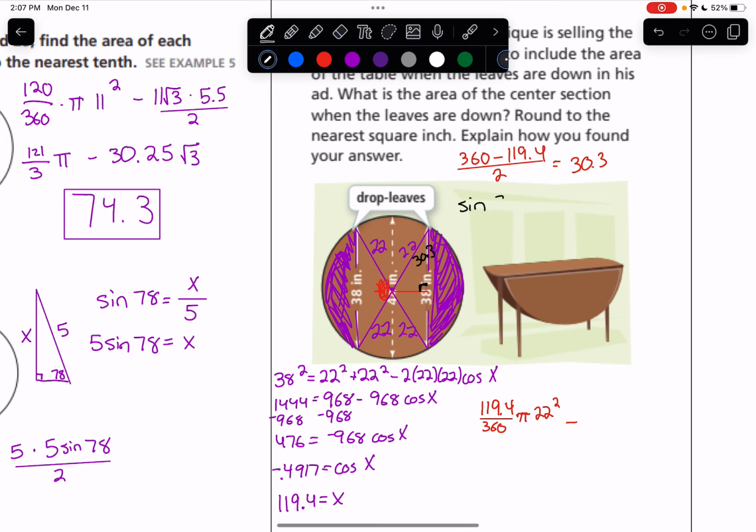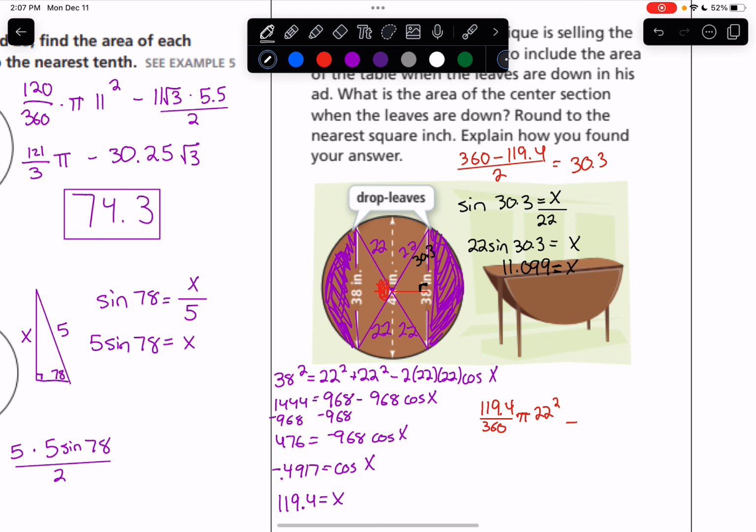The sine of 30.3 is equal to the opposite x, I don't know the height of that triangle, over the hypotenuse, which is 22. So multiply that, 22 sine of 30.3 is equal to x. And let's go ahead and give that a decimal because we don't want to make this any longer than it needs to be. So we're going to call that 11.099 equals x.